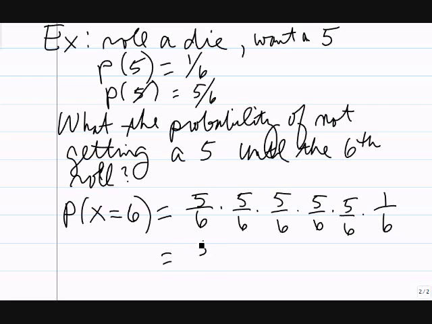So that officially is 5/6 to the 5th times 1/6. The probability of rolling the die and not getting a 5 until my 6th roll turns out to be 0.067.